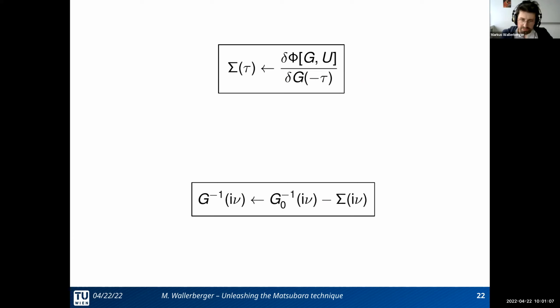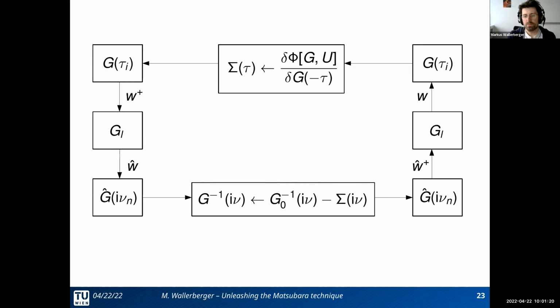Putting this all together, we had to solve two equations: a diagrammatic equation for the self-energy and another diagrammatic equation for the propagators. How do we connect them? We do it using these two translation procedures, based on our IR basis or another basis.